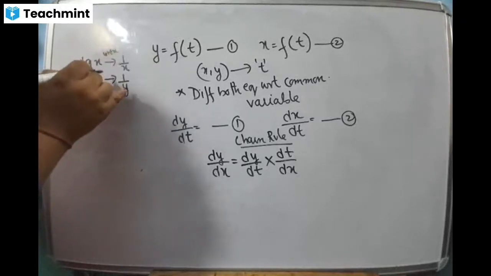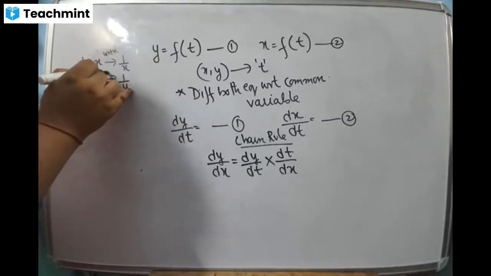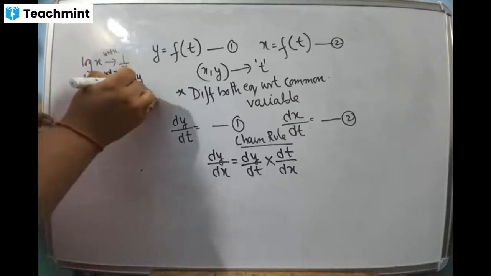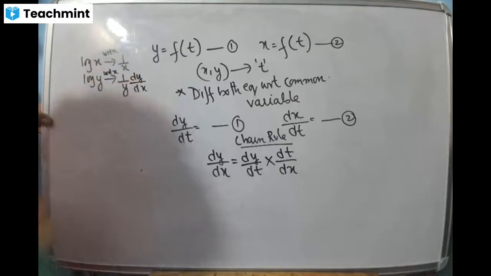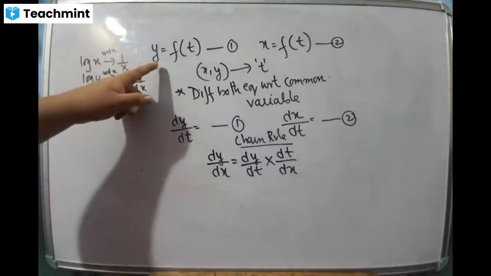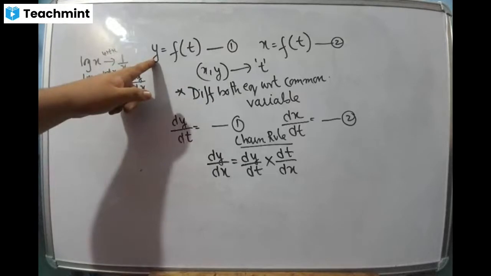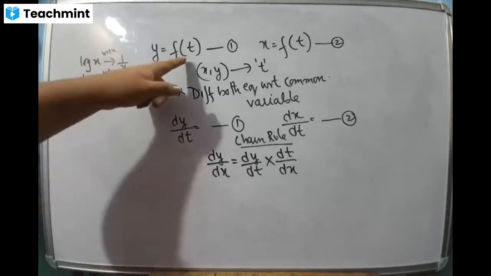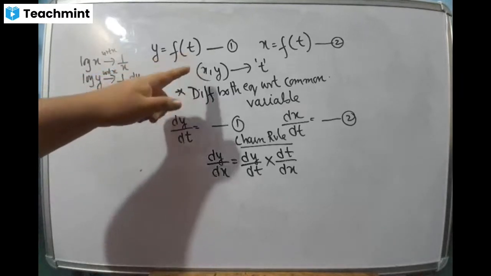But in this case, when you differentiate y with respect to x, the variables are different, so we have to write down the differential coefficient dy by dx. Is that okay, everyone? This is what happened out here. The derivative of y, everyone knows it is 1, but since you are differentiating y with respect to t, you write dy by dt. And out here we don't write because this is t with respect to t.